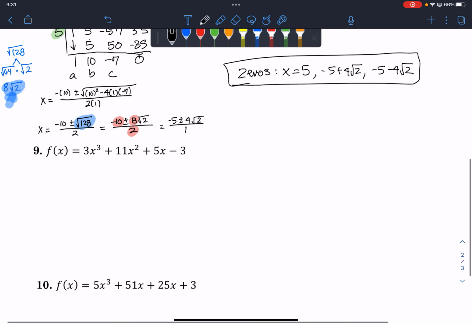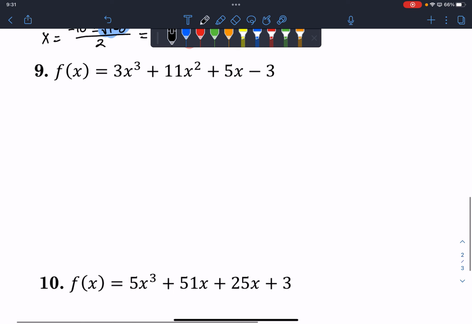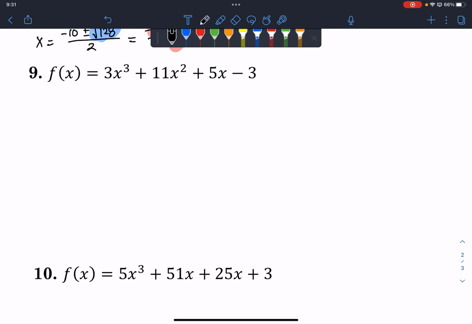And now we can move on to the last two. So the last two, for number 9, let's try negative 1. Negative 3, this is going to become 8.